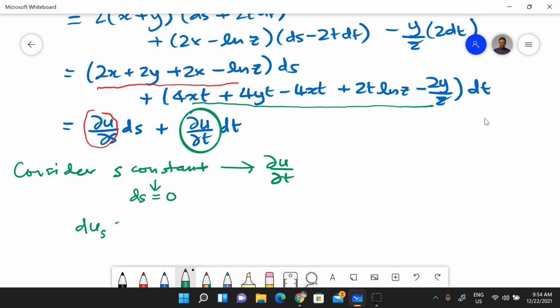Essentially this will just give me this whole thing here, which I can write as, I'm going to simplify this thing. For y t plus 2t log z minus 2y over z. I'm just rewriting everything.